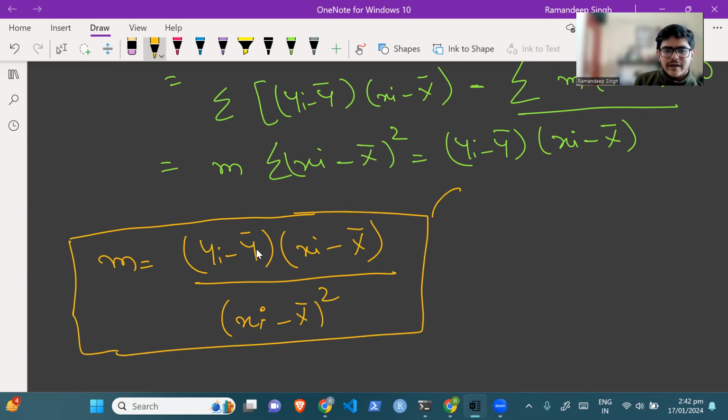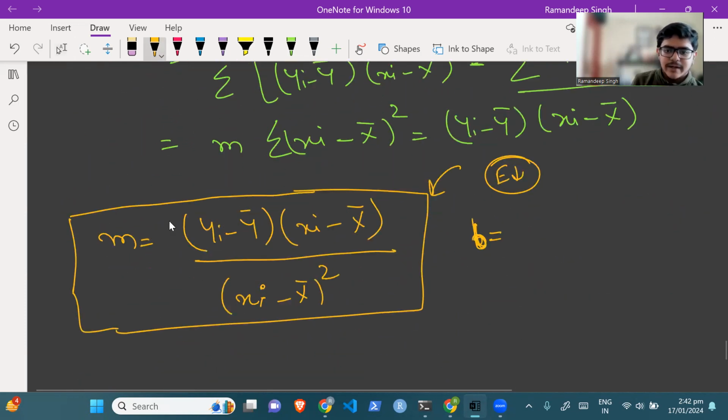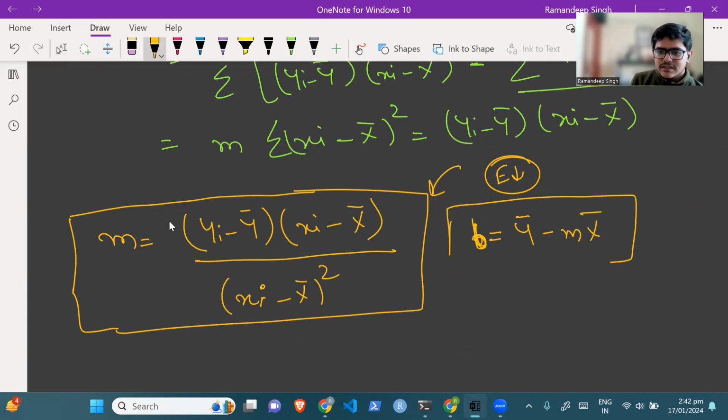This is the value of m for which my error function will be minimized. With the help of this, b is calculated, and I will get my error to the minimum point. The equation for b was y bar minus m x bar, and this is the result. When we use both of these terms to calculate my y pred, that is the y prediction, the error will be the minimum.